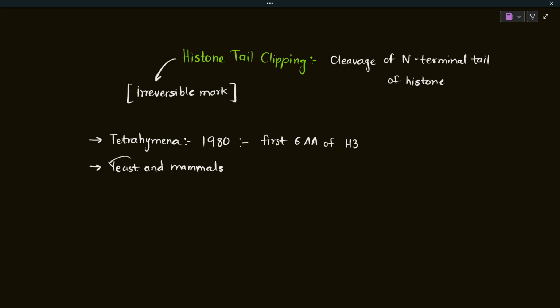Okay, so in yeast, the proteases that do the histone tail clipping are not yet known.